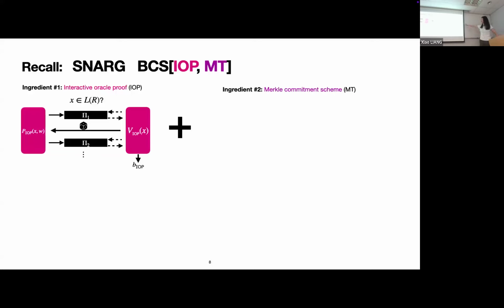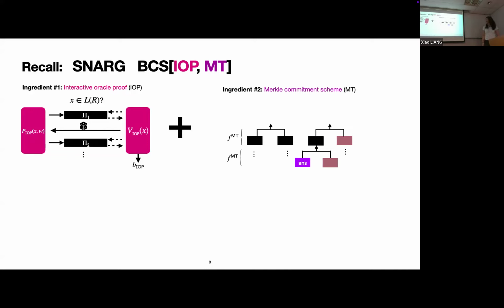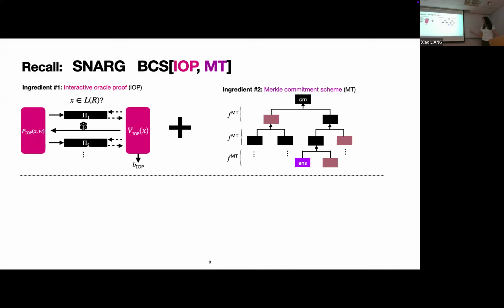The second ingredient we need for constructing SNRG is some commitment scheme. And most often we're using the Merkle commitment scheme. As we all know, this is the Merkle tree. You start from some long message, and then you hash all the way up to some root, or the commitment here.